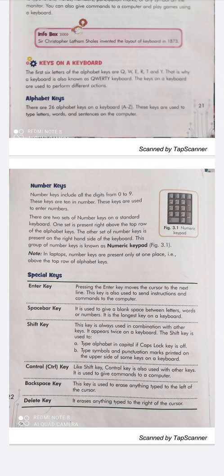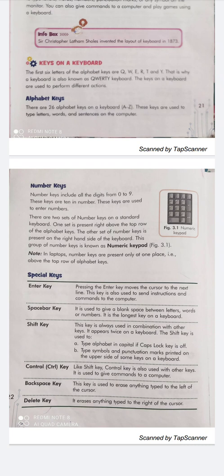Even when we are typing or writing anything with the help of a keyboard on a monitor, if we want any symbol or punctuation mark printed on the upper side of some keys, we can take the help of the shift key in combination with the other key, and we can easily type those symbols and punctuation marks. Then the third one is completed.